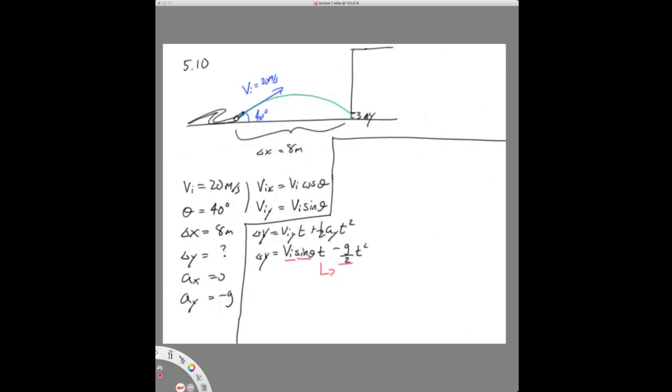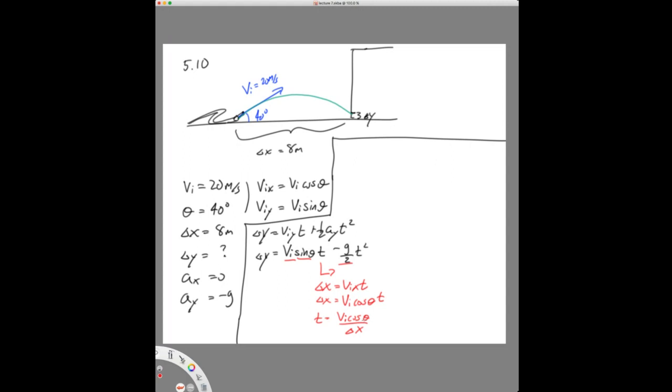Okay, so we're going to use delta x equals vixt, which is vi cosine of theta t, and that means t equals delta x over vi cosine of theta.